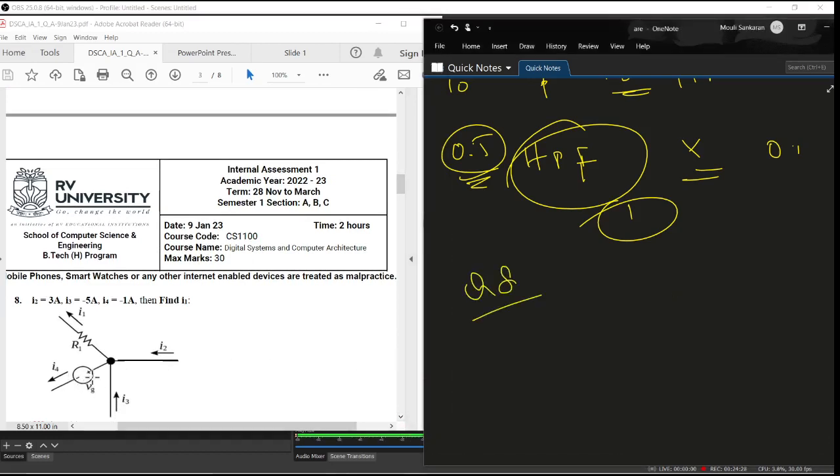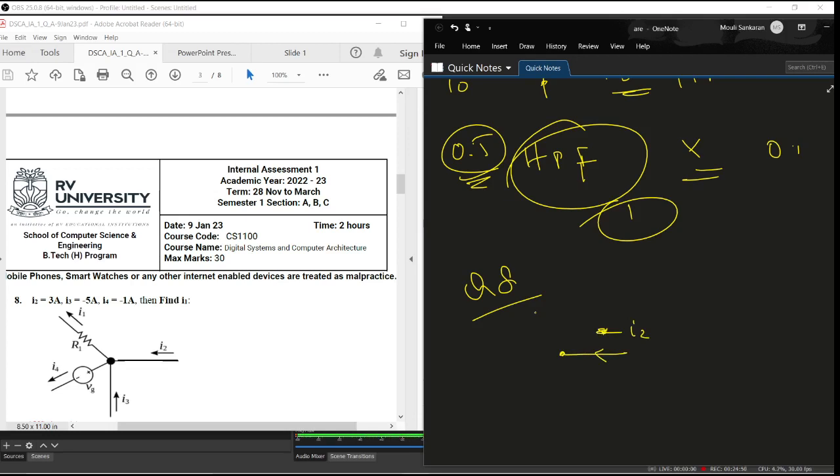Now I have given you some components and all that, but don't worry about it. We will just see whether I draw a current like this or I show current like this, both are same. Okay, that's a convention.